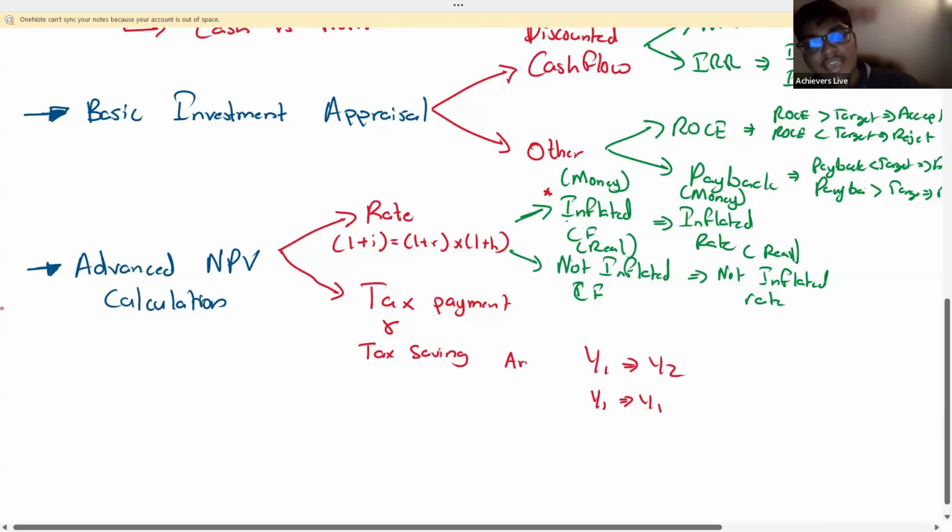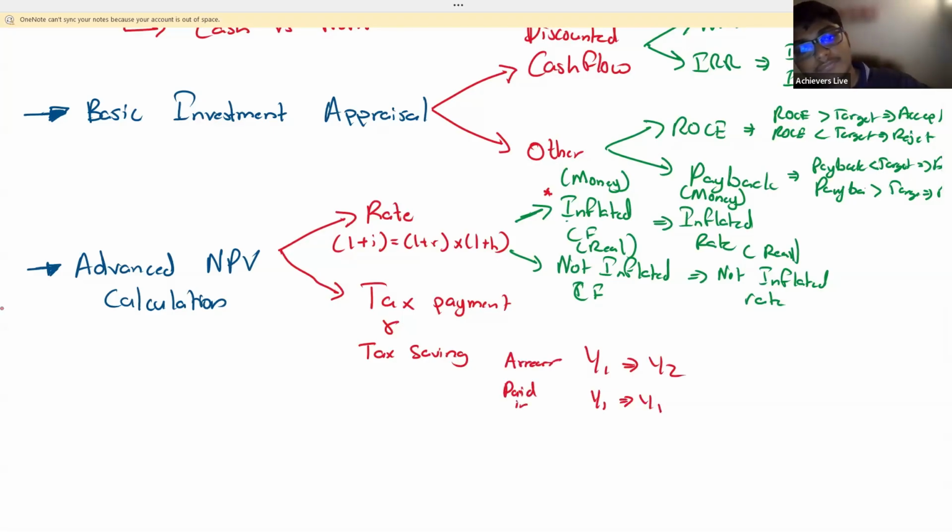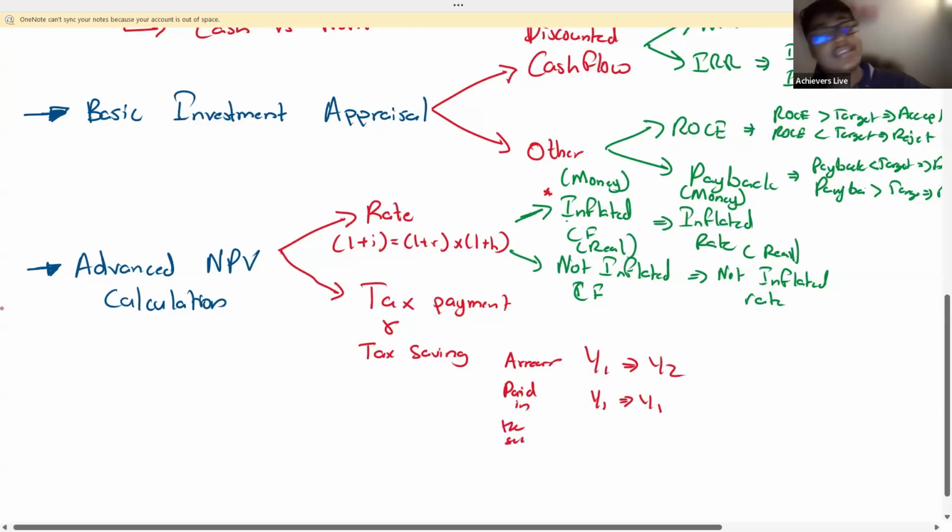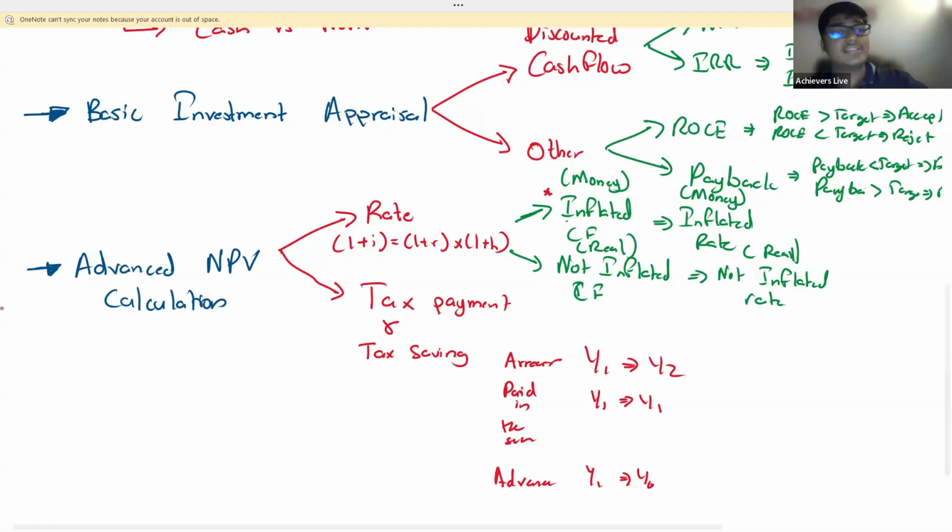Next, tax is paid in advance: year one's tax will be paid in year zero, 1 year prior. So it could be in arrears, in the same year, or in advance. They can test it, so be very careful with the timing. Don't put it somewhere else. Read carefully what they are saying.